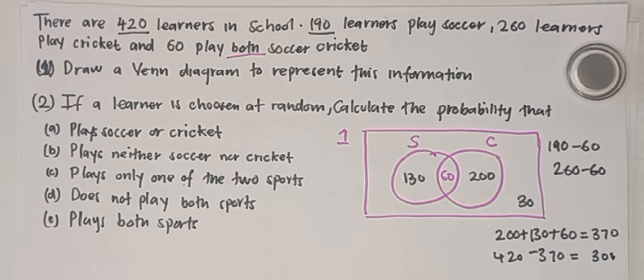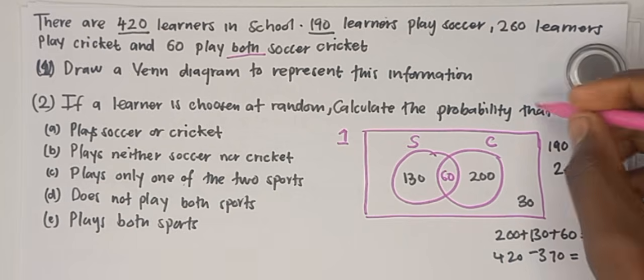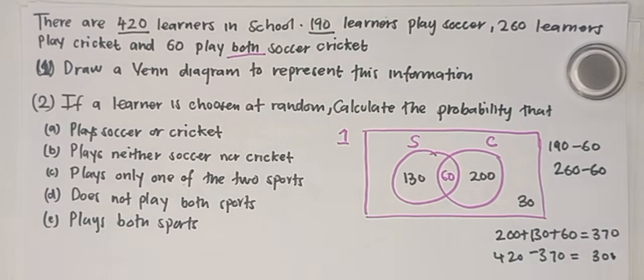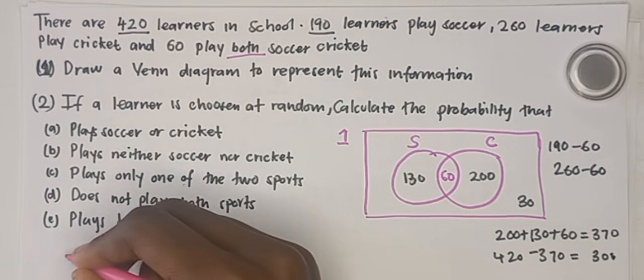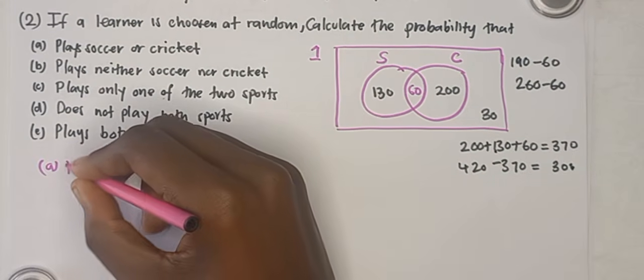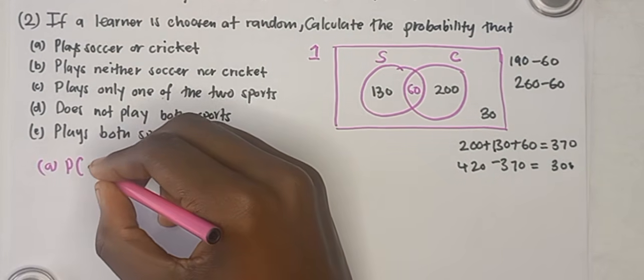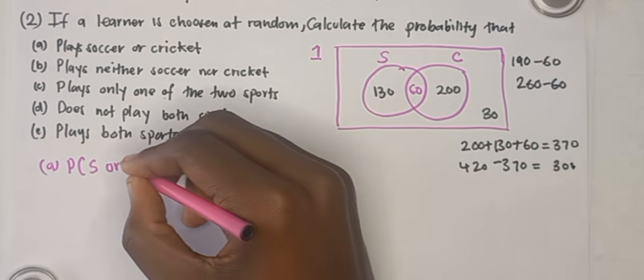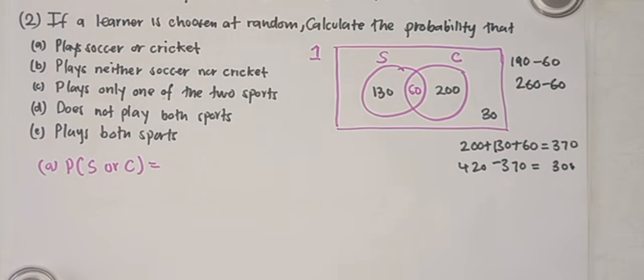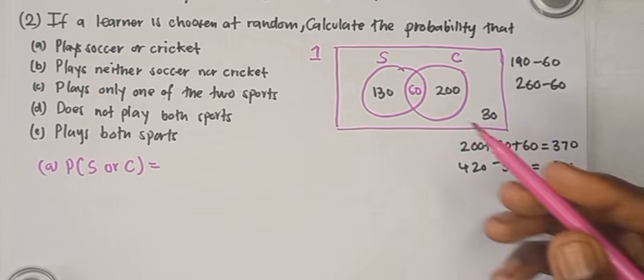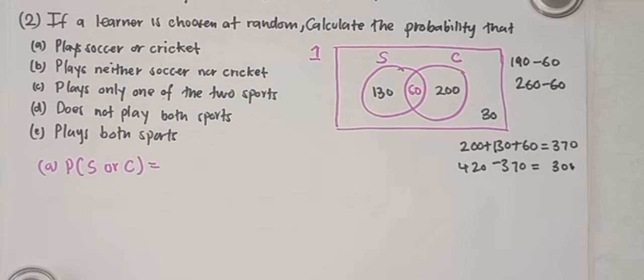The first question is, if a learner is chosen at random, calculate the probability that the learner will play soccer or cricket. This will be for A. When we talk about soccer or cricket, what does this mean? It means he plays either soccer or cricket or both.